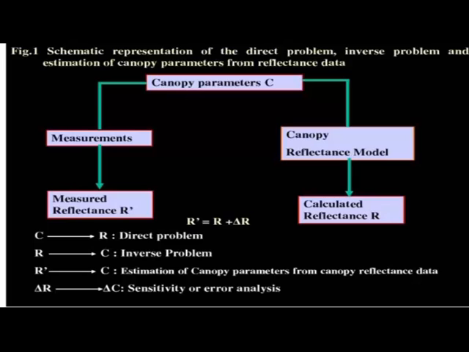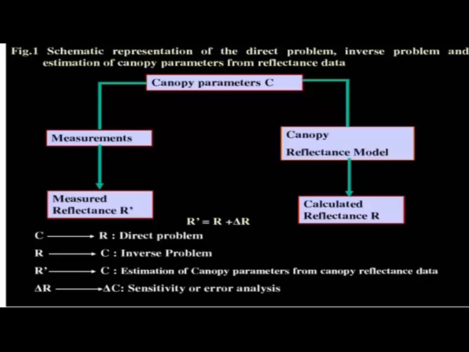I can estimate that. So that's called inversion of the model. So you have a measured parameter C, and you have a predicted one, that is C prime. You take the difference, that will be del C. Then del C you can make 0 if you can optimize your inversion technique. There are different inversion techniques which can be used to invert this radiative transfer model to retrieve the parameter. This is what the whole concept is.